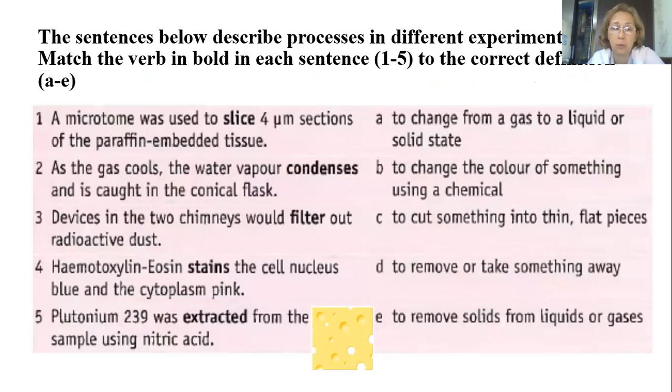So we've listened to Kimiko, and now there are some other experiments, and the task is to match the verb in bold in each sentence to the correct definition. Definitions to the right. I mean that there are some more verbs, some more words that can be useful in description of an experiment or some kind of process.